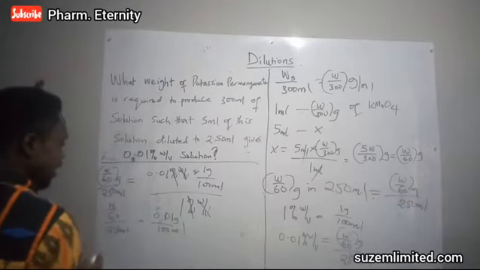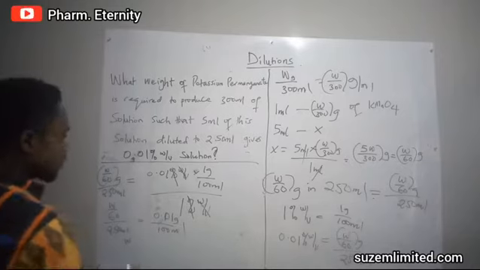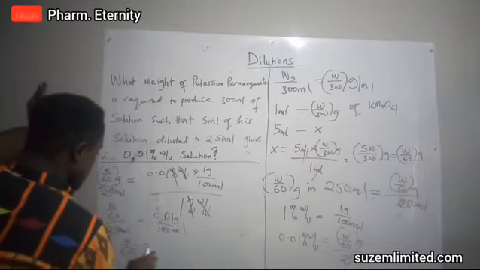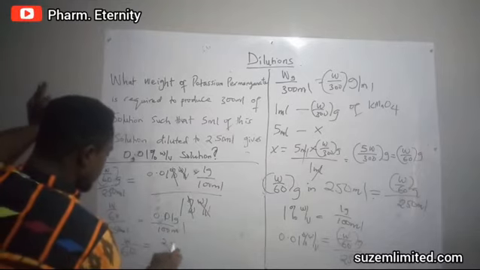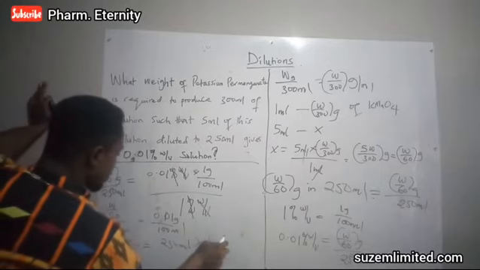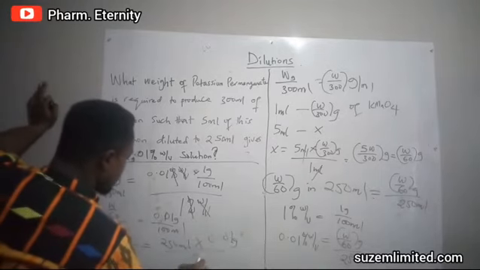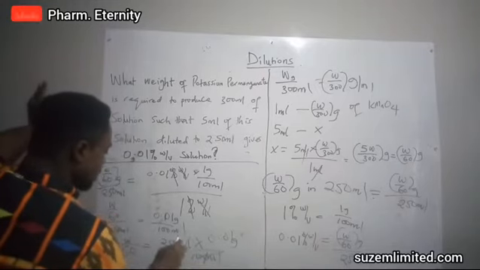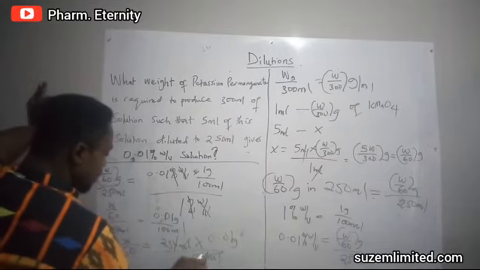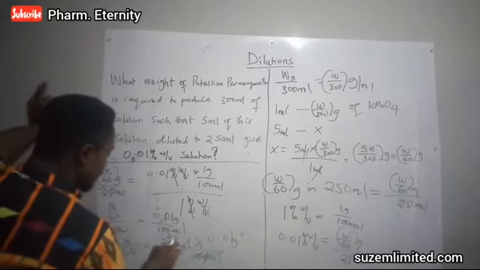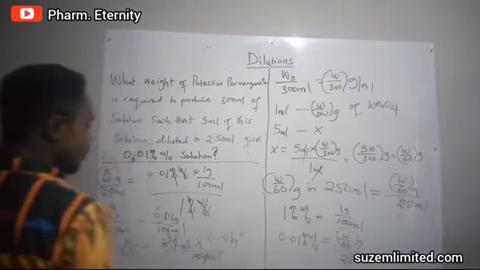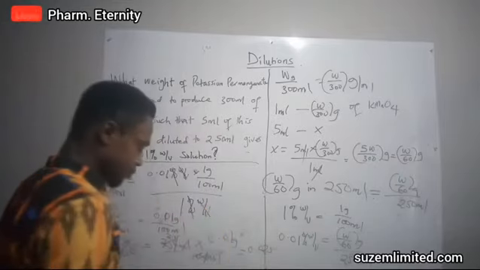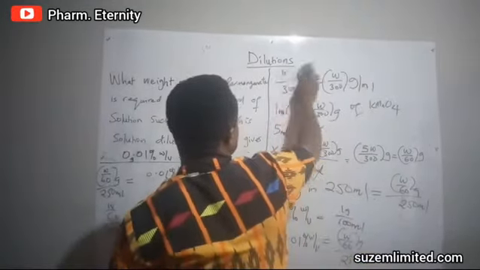So we bring out W over 60, which will now become 250 mL times 0.01 gram all over 100 mL. mL cancels mL. The 0 from here cancels 0, remains 25. So 10 divided by 25, we have 2.5. 2.5 times 0.01, we have 0.025.